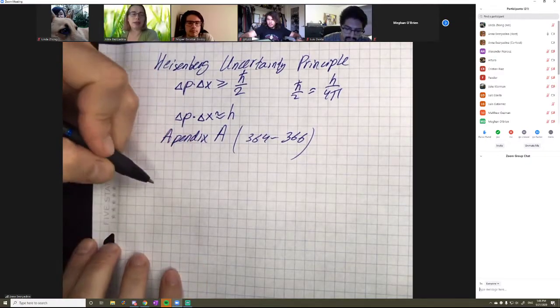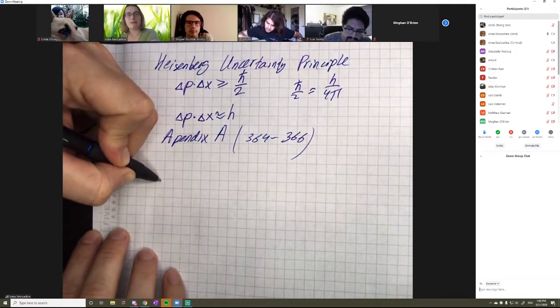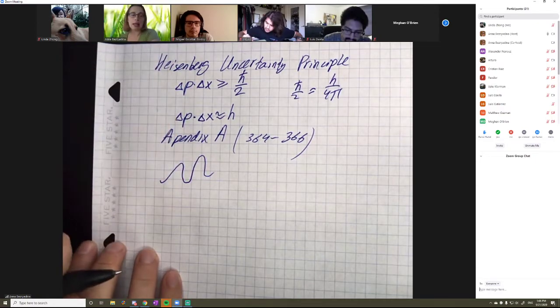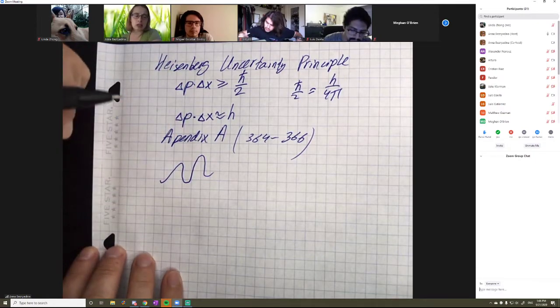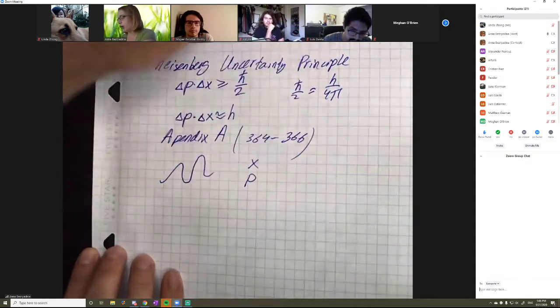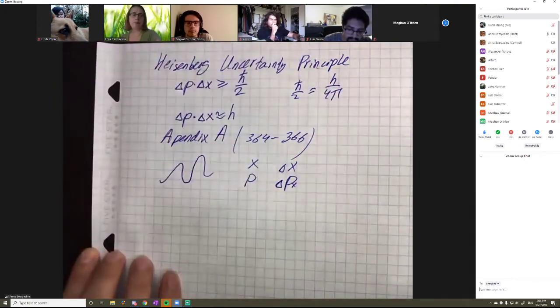So we can use a model of wave packets, where something could be located. We have a position x and momentum p with uncertainty delta x and delta p x.